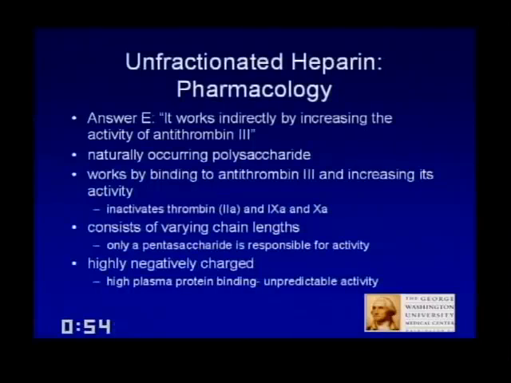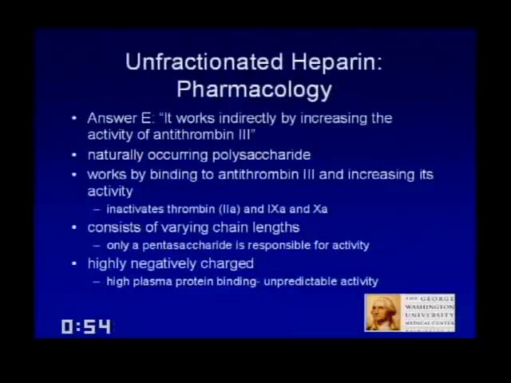But only a very small portion of these long polysaccharides, a pentasaccharide, a 5-sugar group, is really responsible for the key activity, bringing the antithrombin 3 in contact with factors 2A, 9A, and 10A.